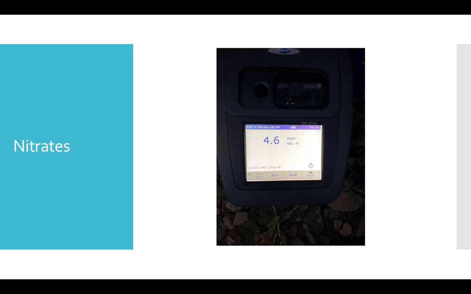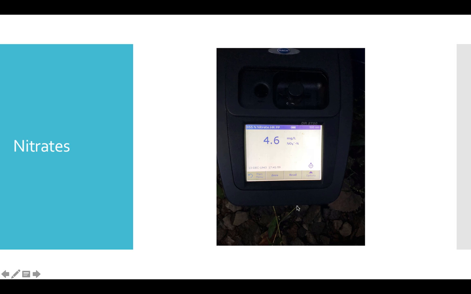Now, when we look at nitrates, nitrogen in the water is important to all life, but what we want to be careful of are nitrites and nitrates, because what they get converted to is ammonia. We measured the nitrates here.